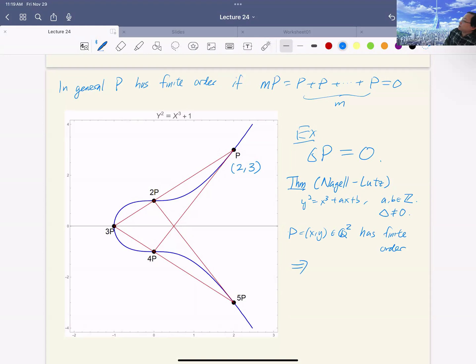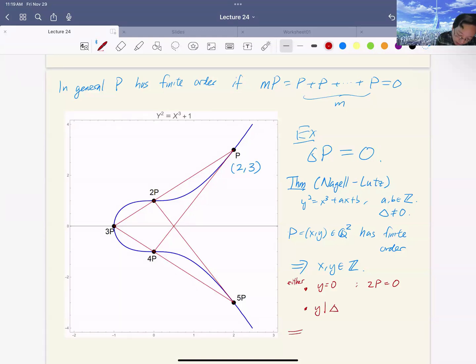So if you have a rational point on this curve that has finite order, then you must have x and y both integer. And actually, there are only finitely many of them. Either y equals 0, which we have seen means the order is 2 because it lies on the vertical tangent, or y divides the discriminant.